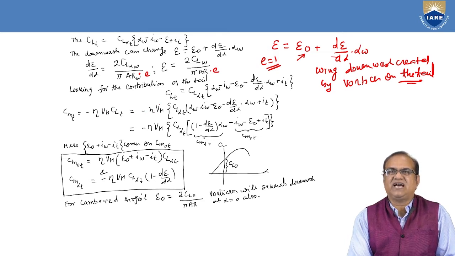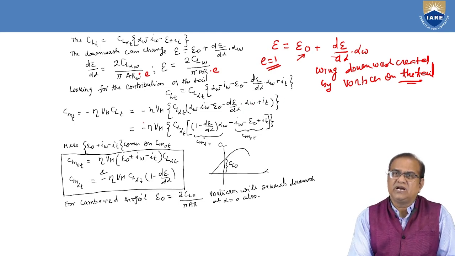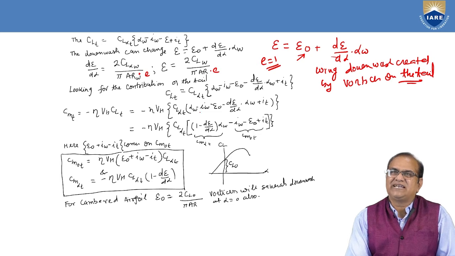So minus eta VH CL alpha T, here in bracket alpha W minus IW minus epsilon naught minus d epsilon by d alpha into alpha W plus IT. So further simplification, I am just taking this alpha W and this alpha W term in one place.